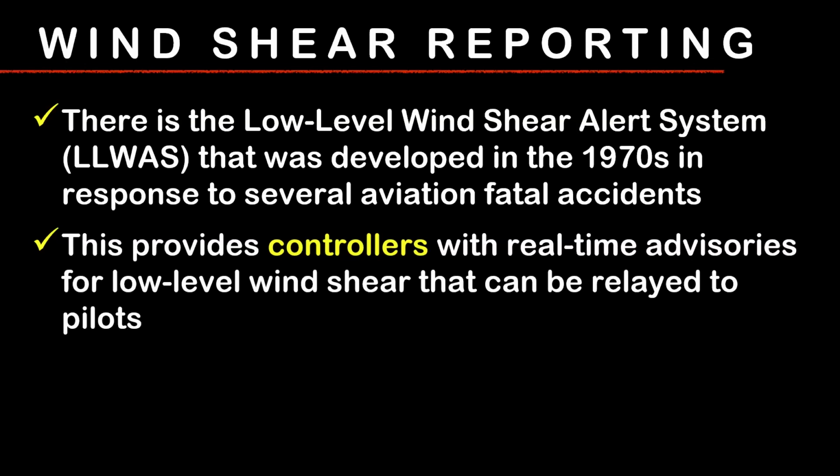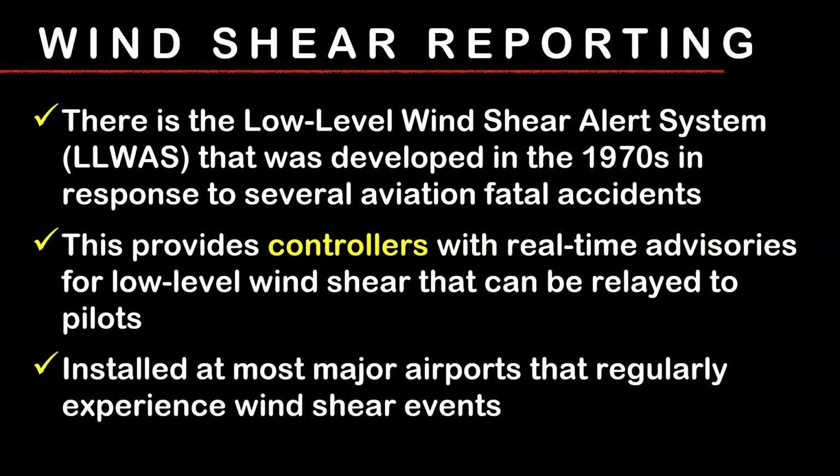The controllers can then relay that to the pilot or the crew. If you go to all the major airports that typically experience wind shear events, you're going to find this system installed. But we have no real-time access to this information. It all comes through controllers.